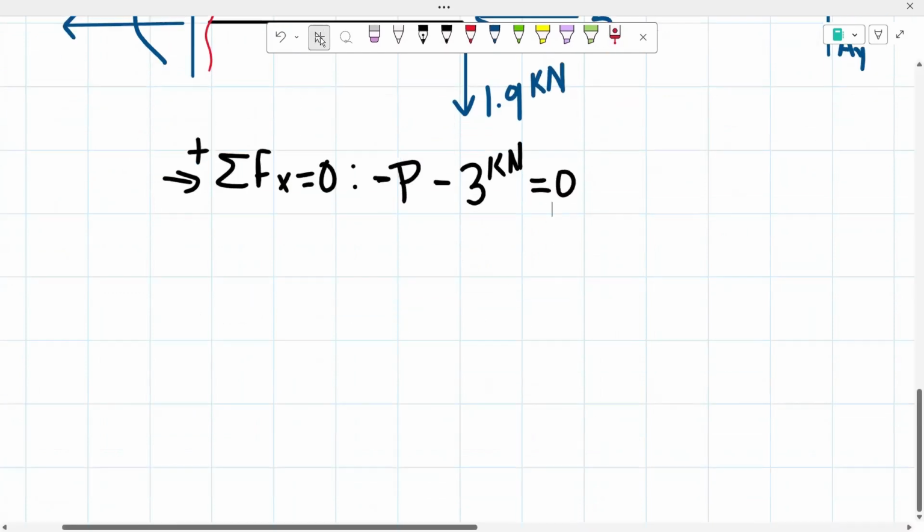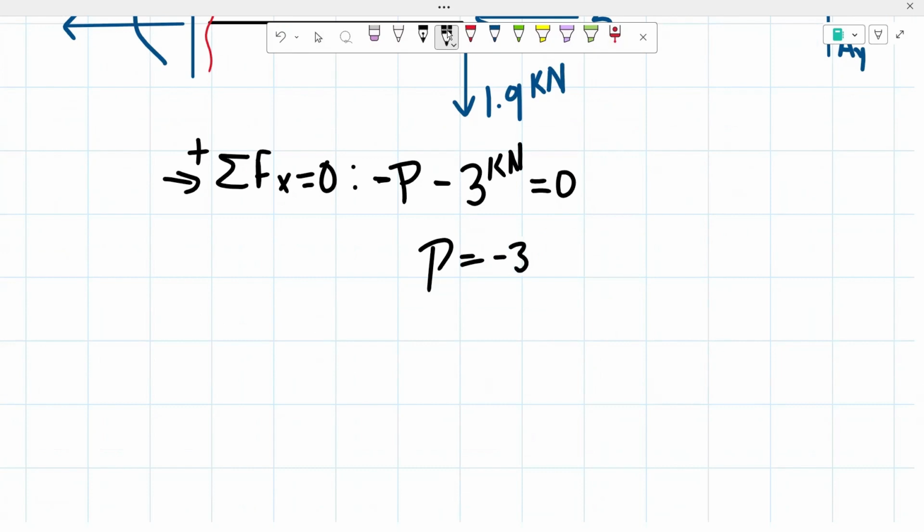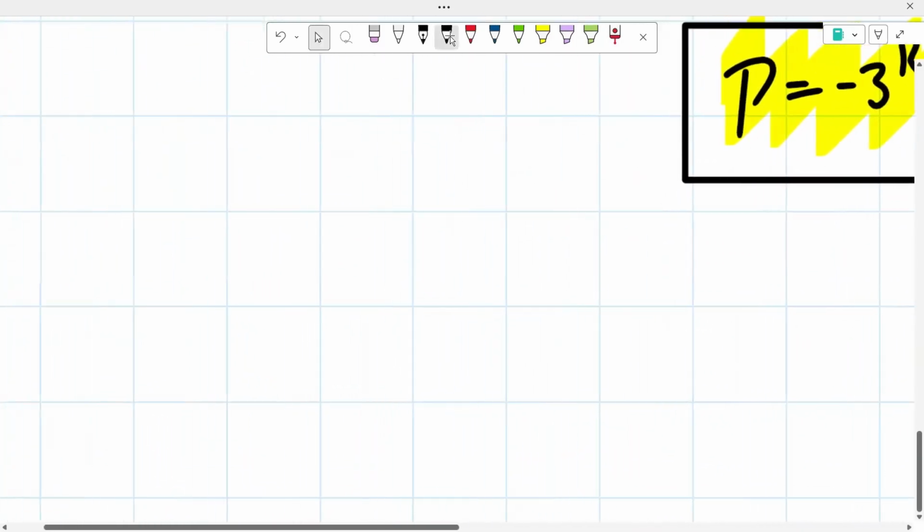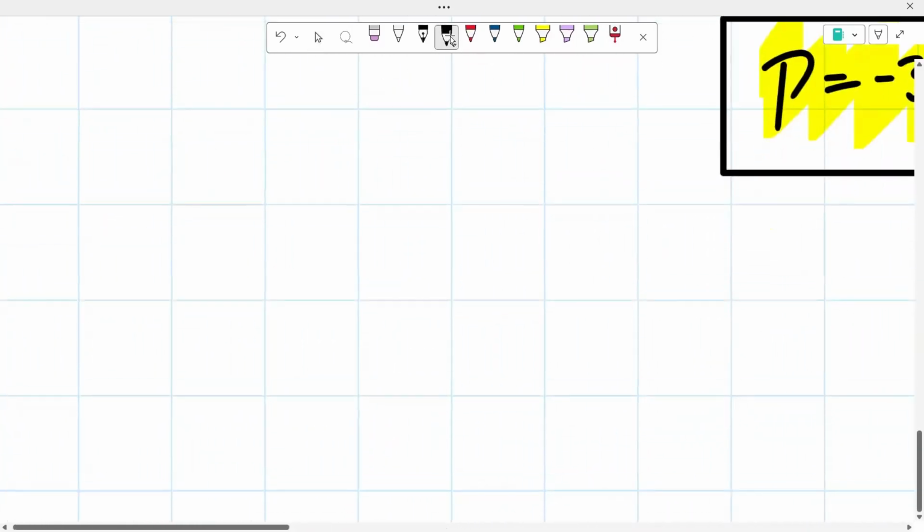So from here, we end up getting that our internal normal force has a value of negative 3 kilonewtons. So this is our internal normal force.